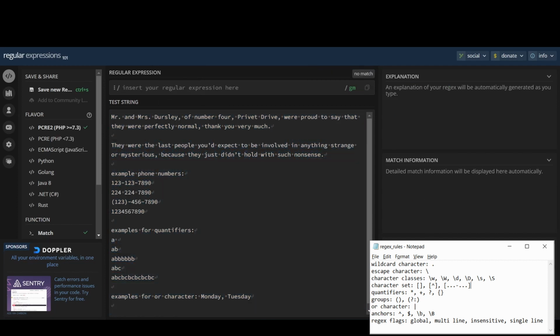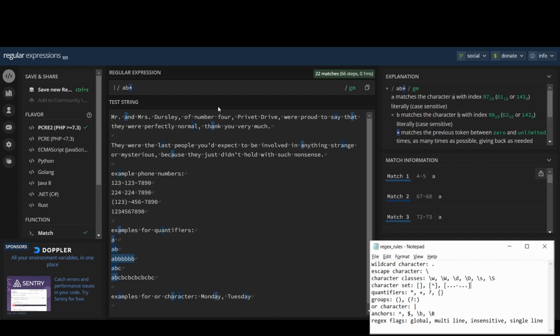Now let's talk about quantifiers. There are 3 quantifiers. The first one is asterisk. Asterisk means that we want to match either 0 or 1 or more. So what does that mean? For example, if we type AB asterisk, as you can see, all the A's are being matched. All the AB's are also being matched.